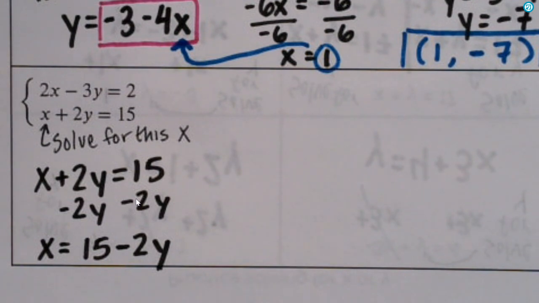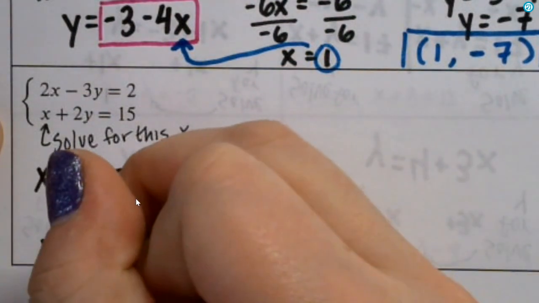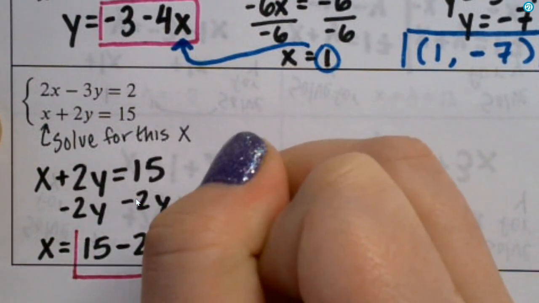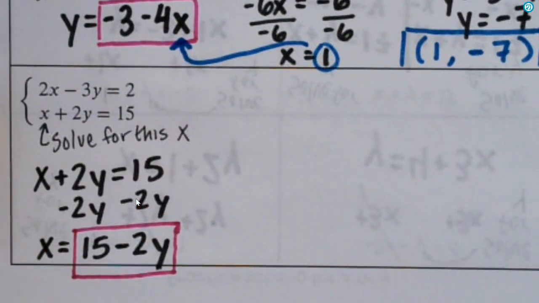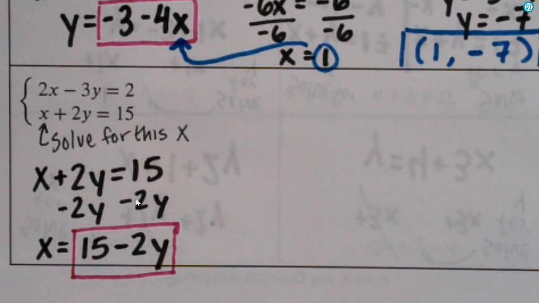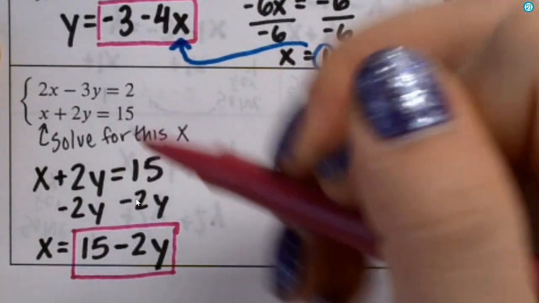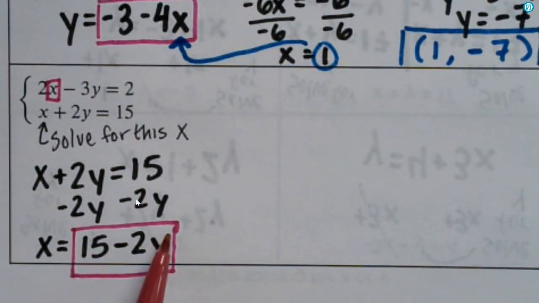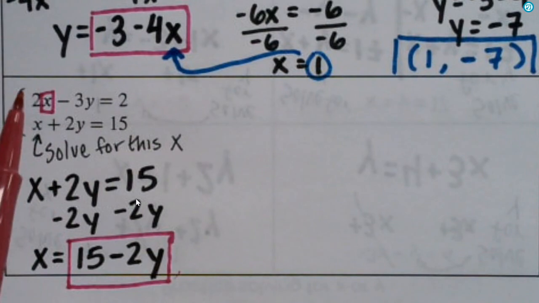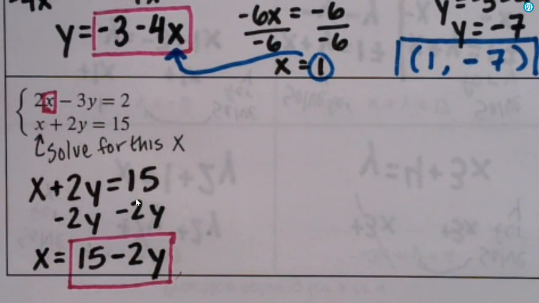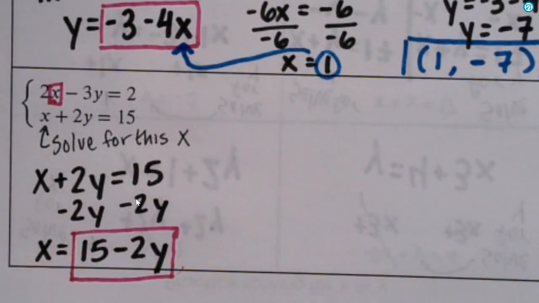Okay, now that we know that x equals 15 minus 2y, we can plug that in for x in our other equation. So we have to plug it into the other equation. If we plug it into the same equation, we'll always get infinite solutions. So this 15 minus 2y is going to go in for the x in my first equation, since my second equation is the one I solved here.